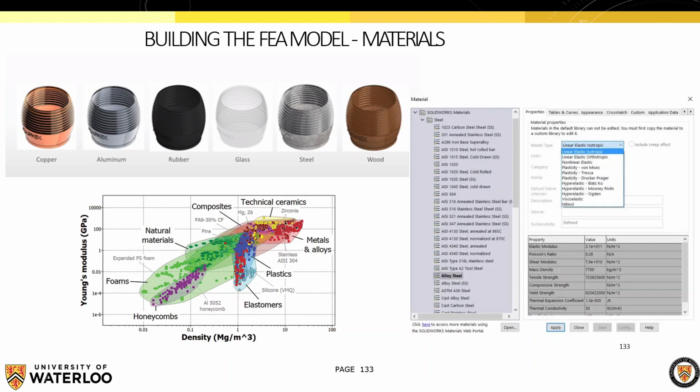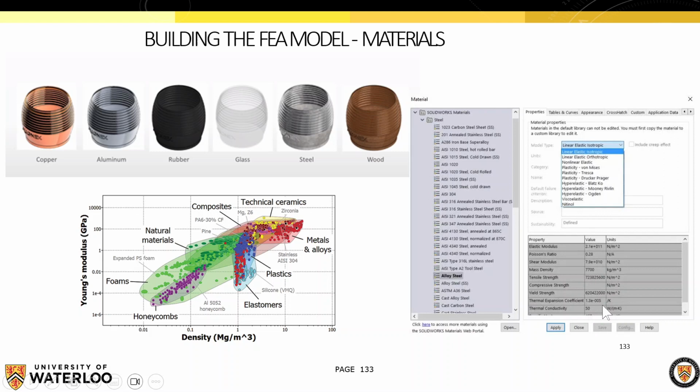Isotropic means the properties don't vary in different directions. So a piece of wood, if you pull it parallel to the fibers, or transverse to the fibers, you're going to get a different material response. If you've ever taken a wooden hockey stick and flexed it in two different directions, you'll notice that too. So there's different material models available.